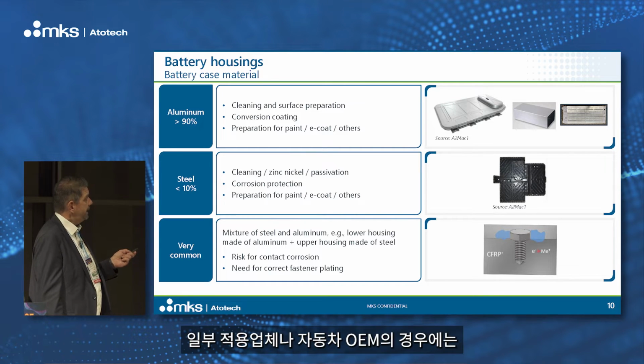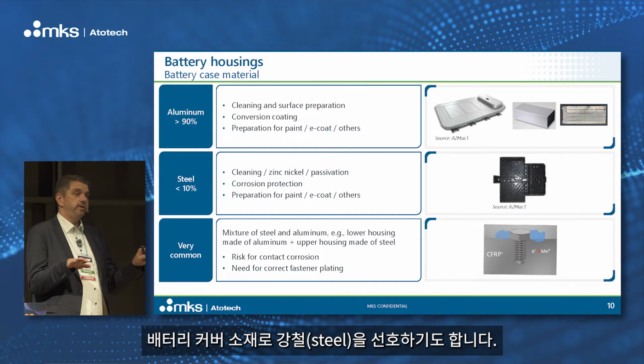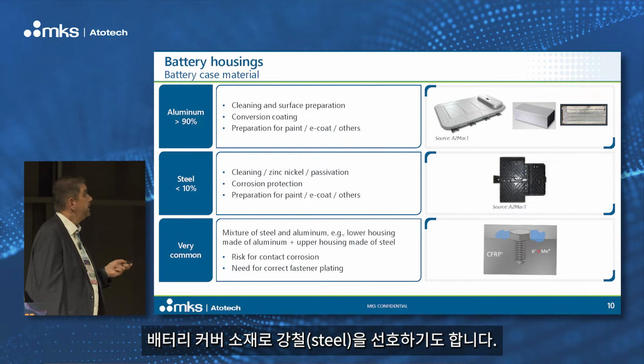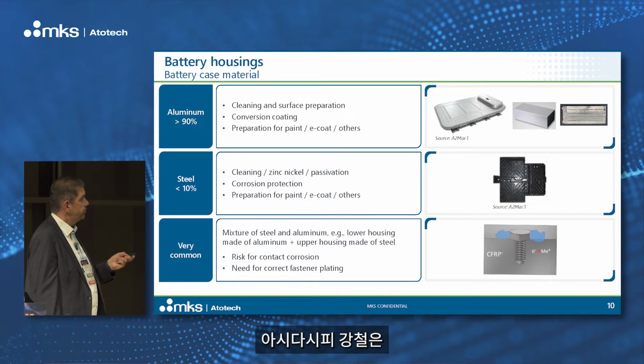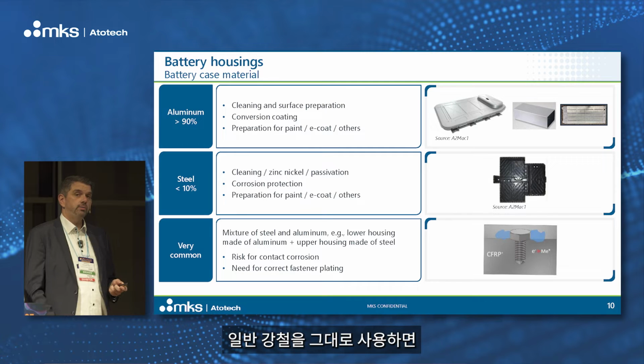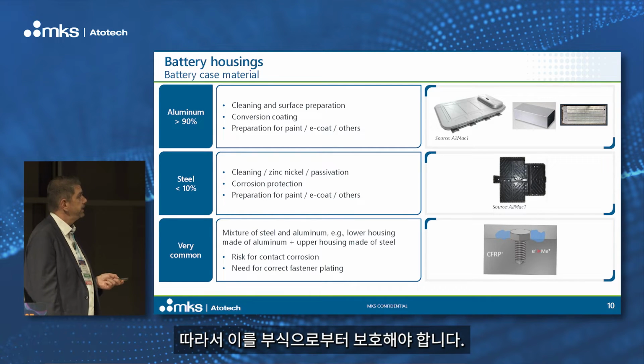There are some applicators, some automotive OEMs, who prefer steel as the battery cover. Here we need to introduce some corrosion protection. If you use a normal steel, it will corrode in our normal environment, so we need to protect it from corrosion.